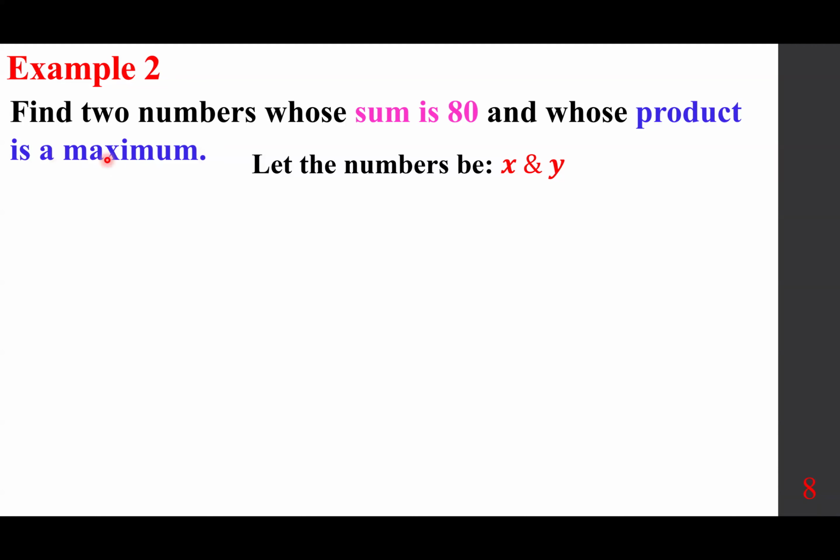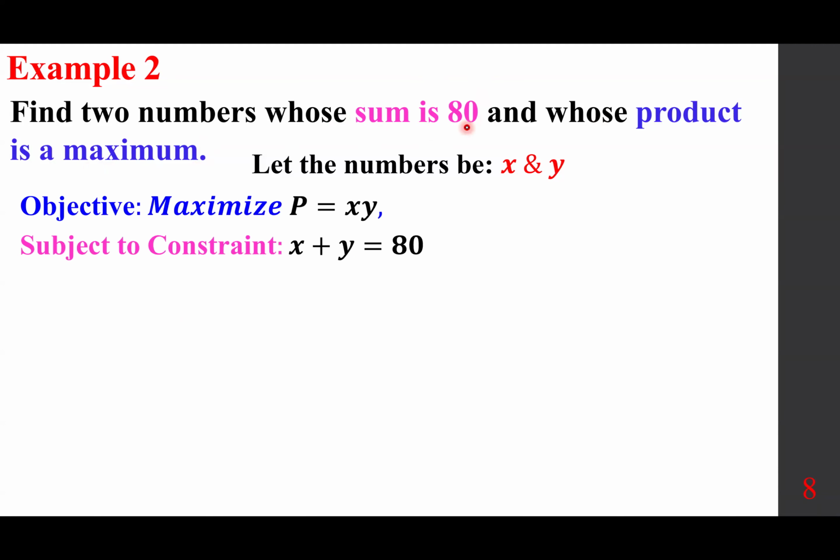What is the objective? The product must be maximized. So maximize P equals x times y. What is the constraint? Subject to the constraint, the sum x plus y must be 80.